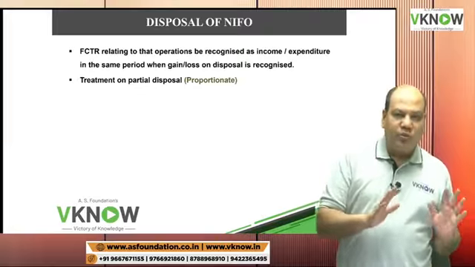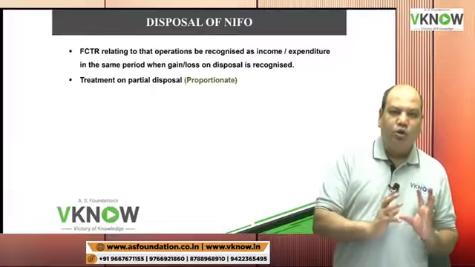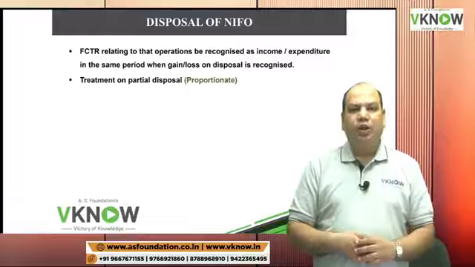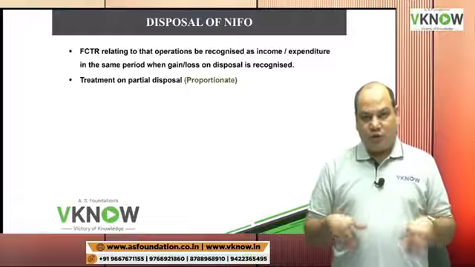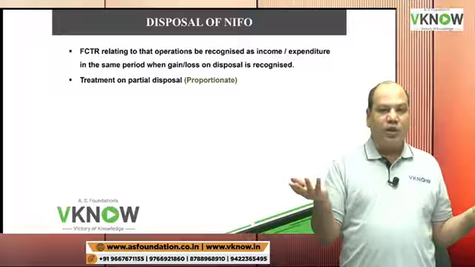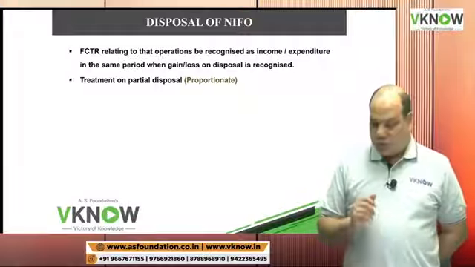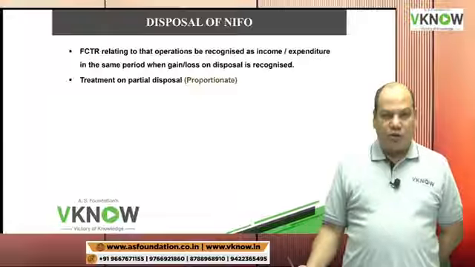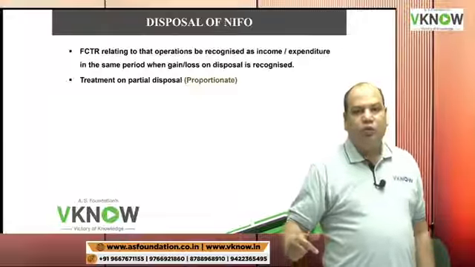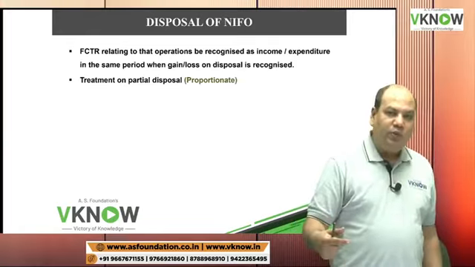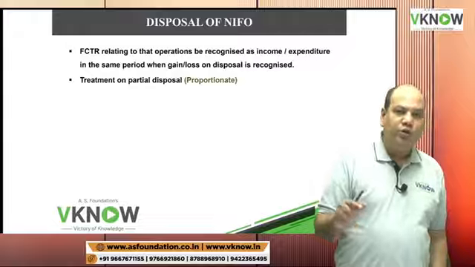Till the time the investment is not sold, we do not route it through the P&L account, rather we accumulate it in FCTR. Once it is sold, profit is realized, and now I am free to transfer it to the P&L account. That is why in case of non-integral foreign operation, they do not allow you to transfer the exchange difference to the P&L account immediately. They allow you to transfer only on disposal.